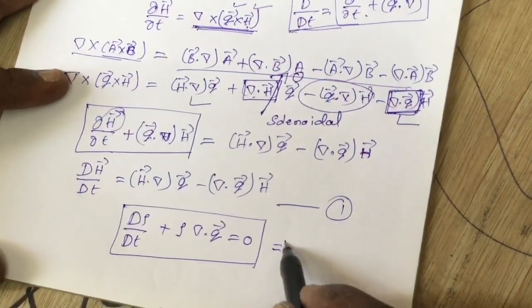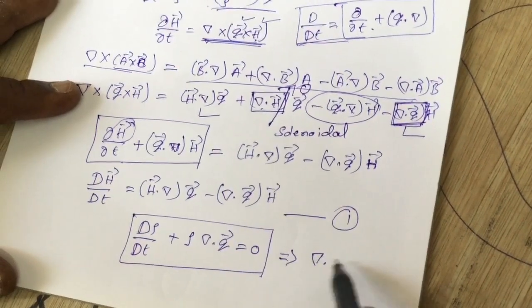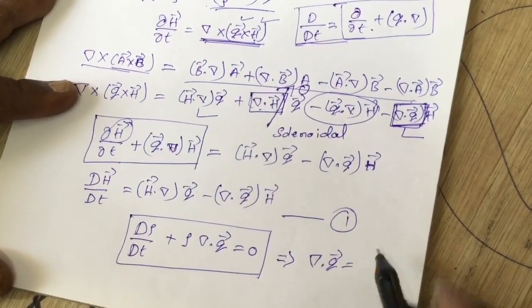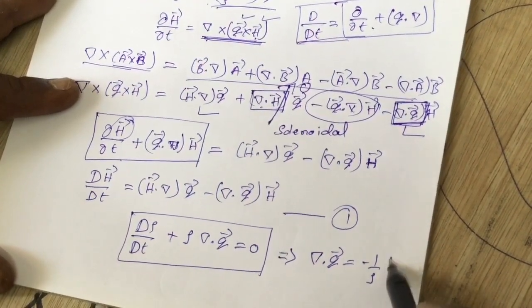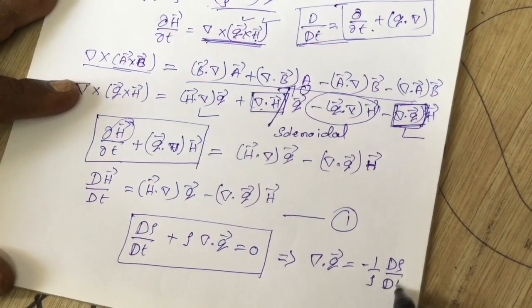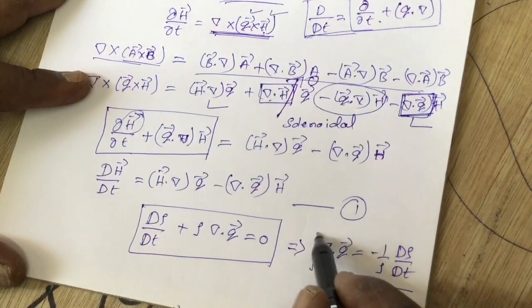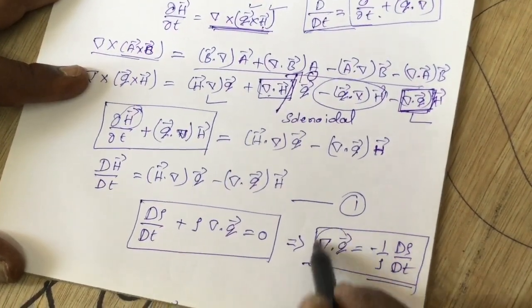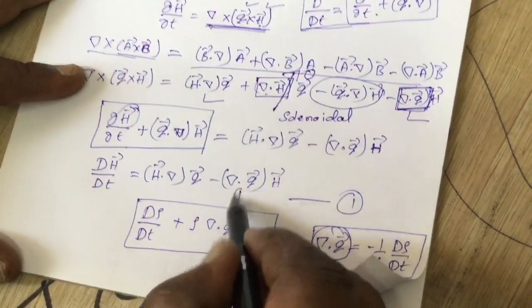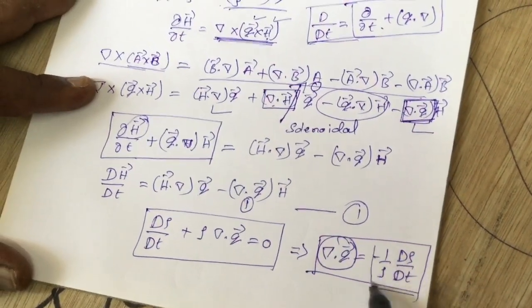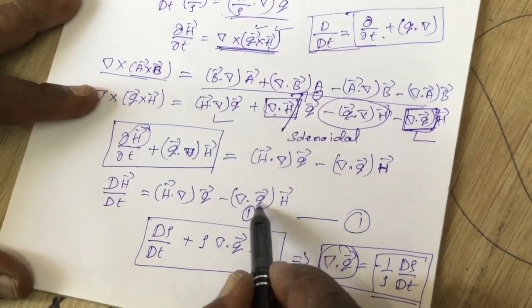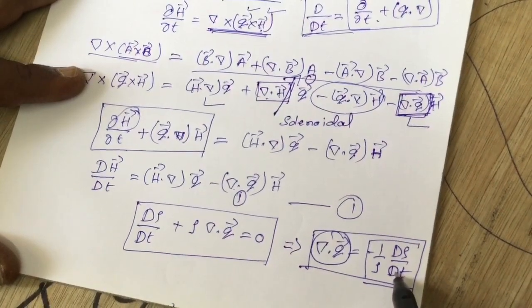By this equation, you can obtain that del dot Q is equal to minus 1 by rho into d rho by dt. Now substitute, replace this del dot Q in equation 1 by this term.